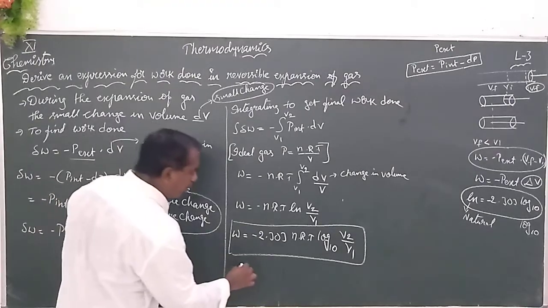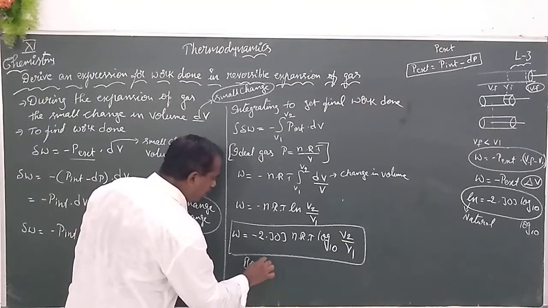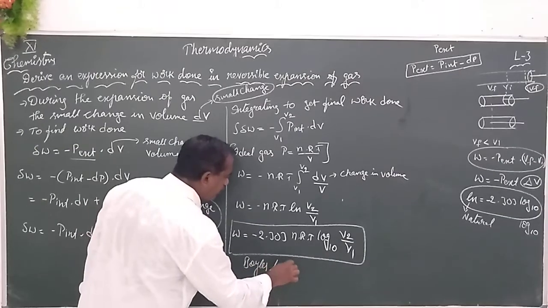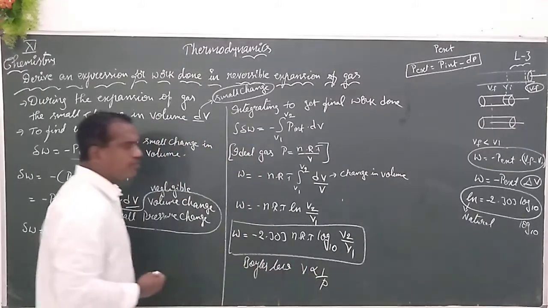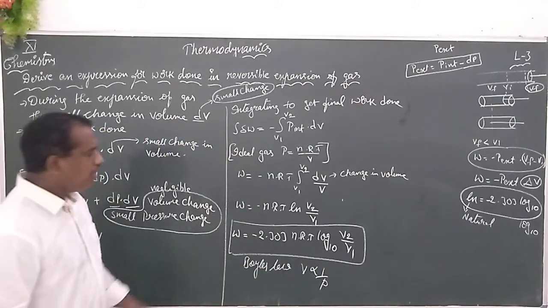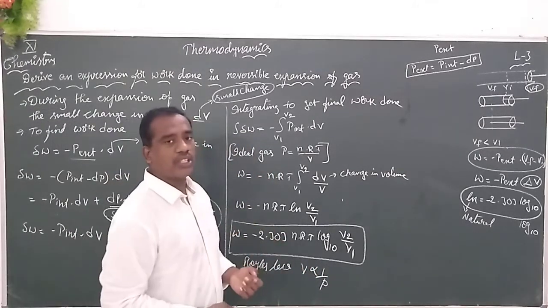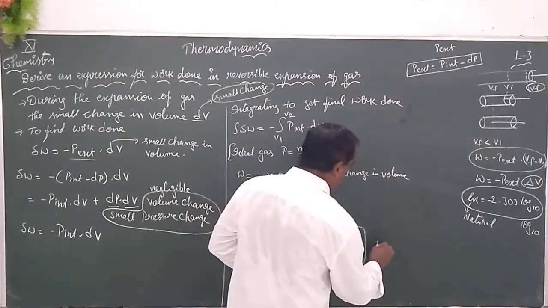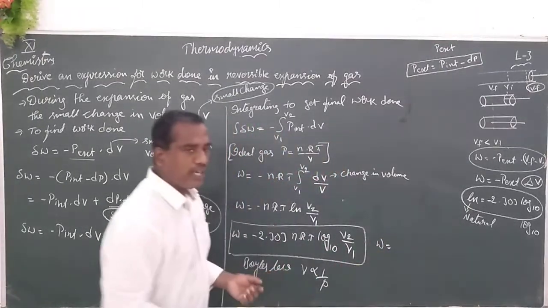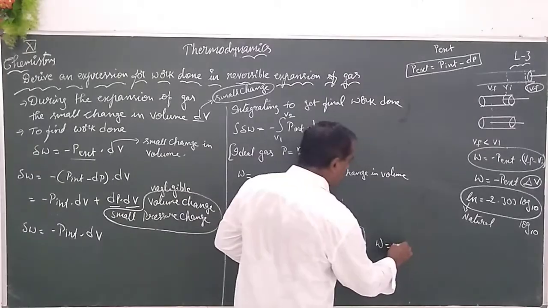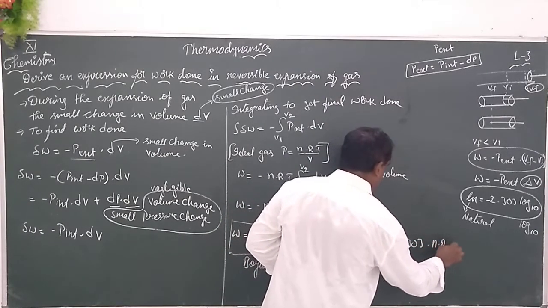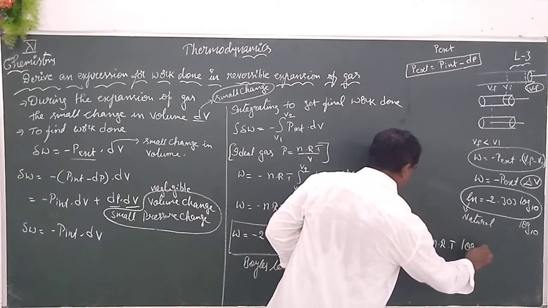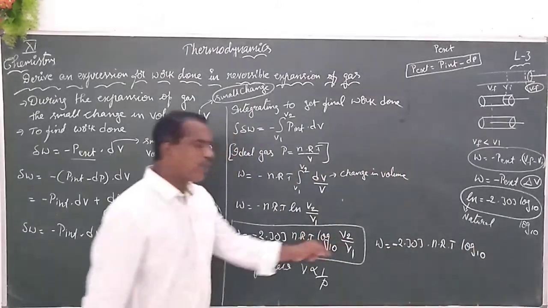But what do we know according to Boyle's law? Volume is inversely proportional to pressure. So you can express this equation in the same form with respect to pressure as work done W is equal to minus 2.303 nRT log base 10 of V2 upon V1.